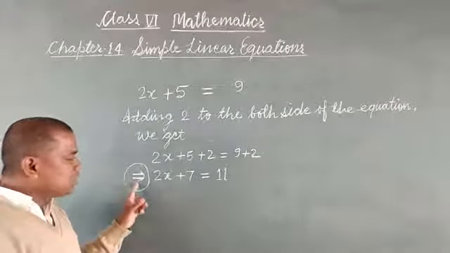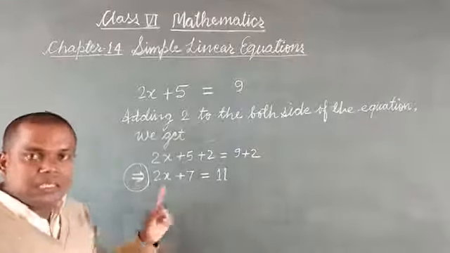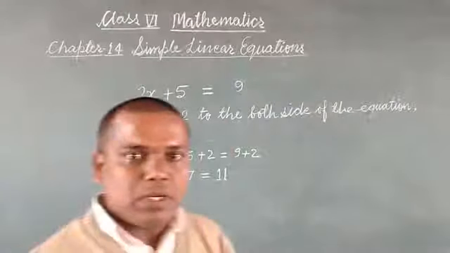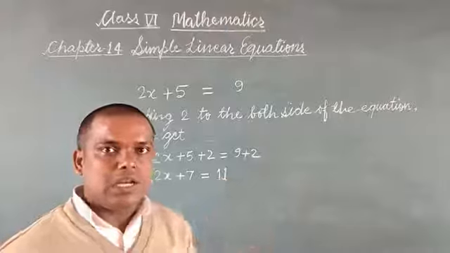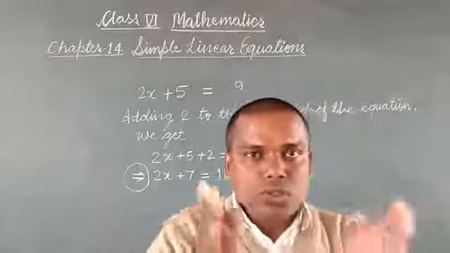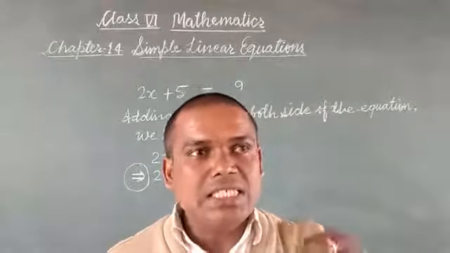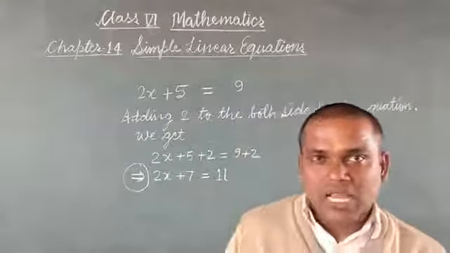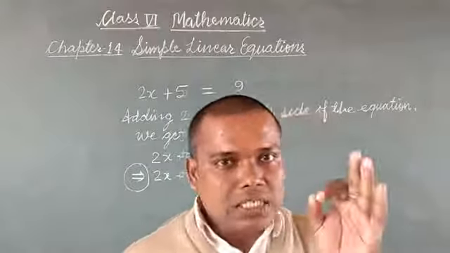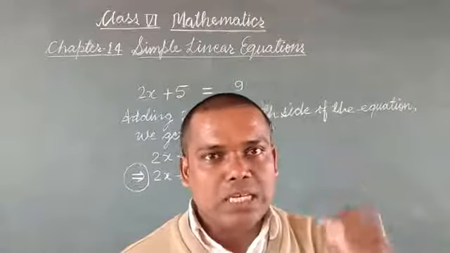Then we will use this symbol, this implies that. Remember, some of you used this symbol when you solved the questions of simplification, and that time the symbol used by you is totally wrong.